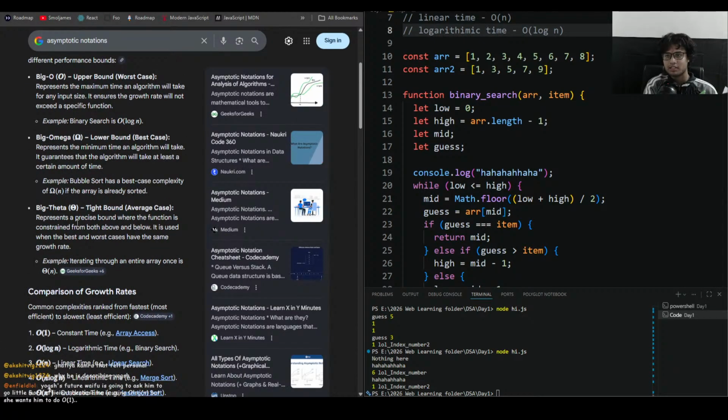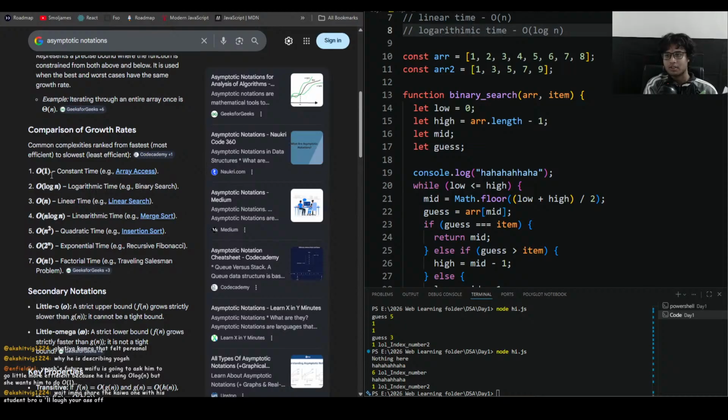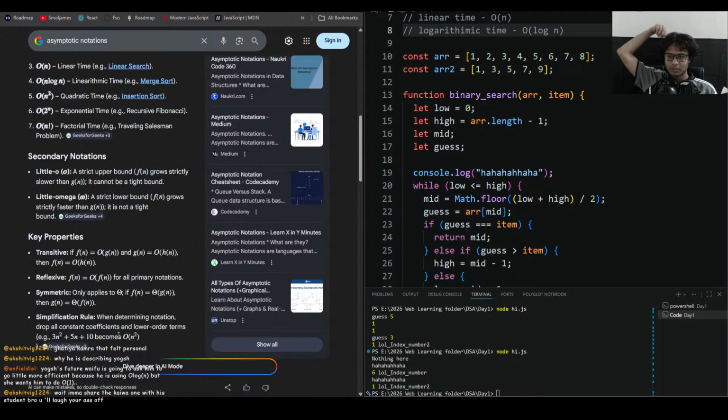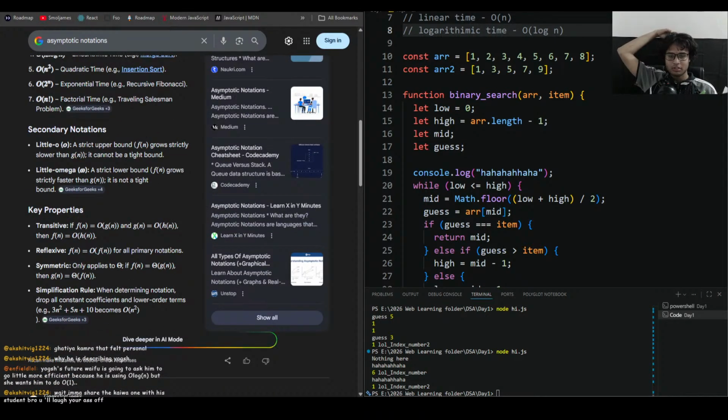Worst case, best case, bubble sort. O(1) is constant time. This one is better, right? And then log n. I don't know.